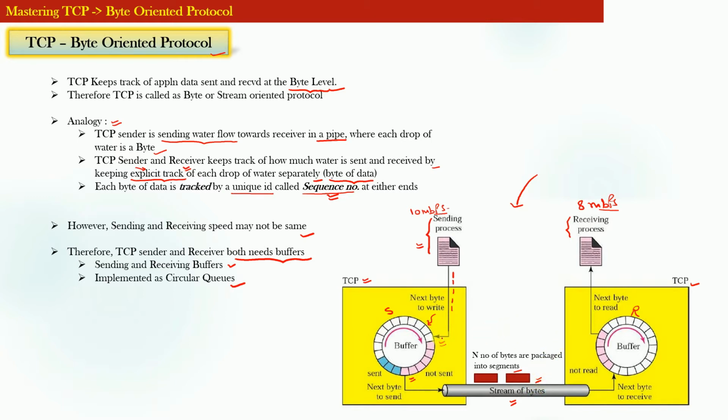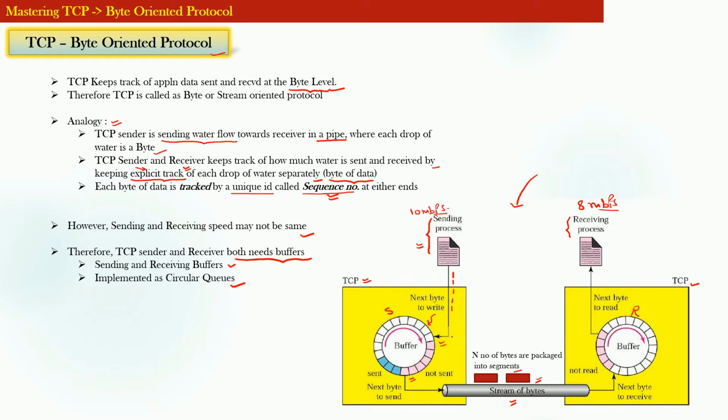If you look carefully at this circular buffer, you can see that the white slots are empty slots in which more bytes coming from the sending process can be written, right? The blue slots represent the bytes which the sending TCP has already sent to the receiving TCP. Whereas pink slots represent those bytes of data which TCP has received from the sending process but has not yet sent to the receiving process.